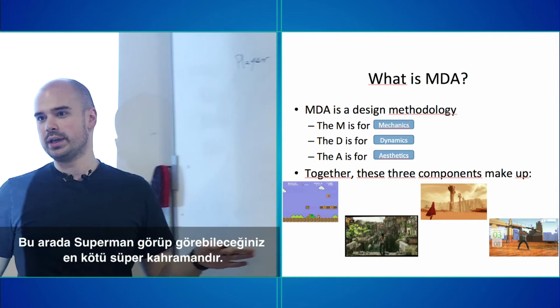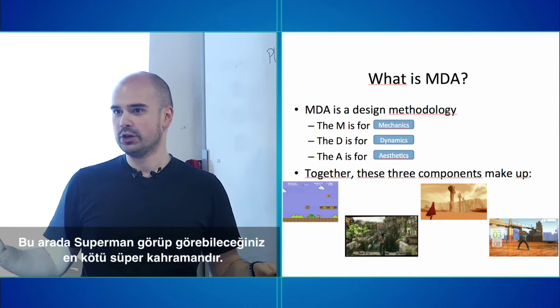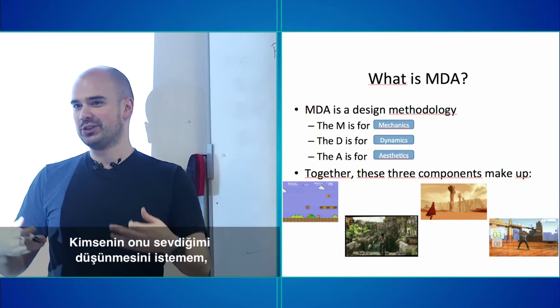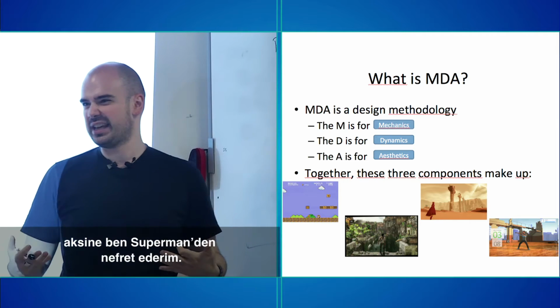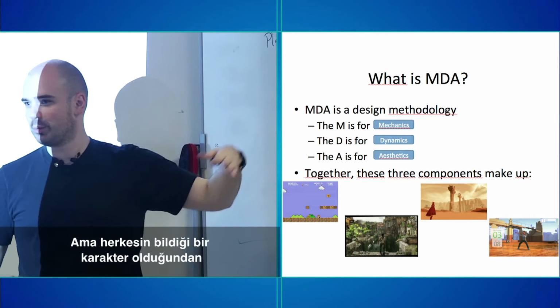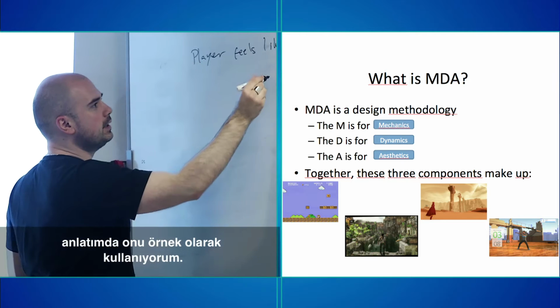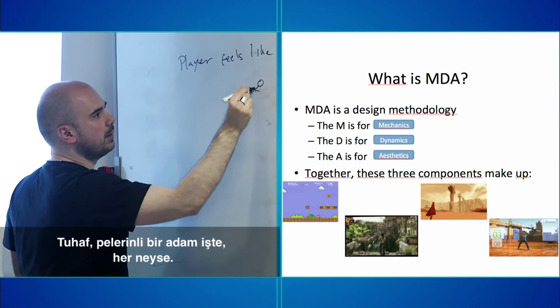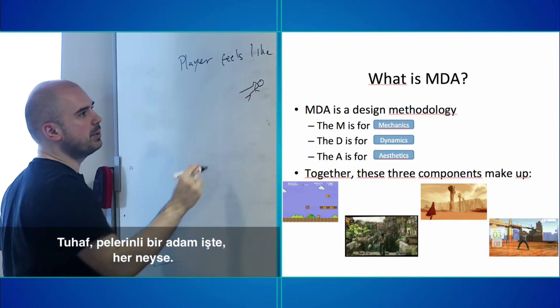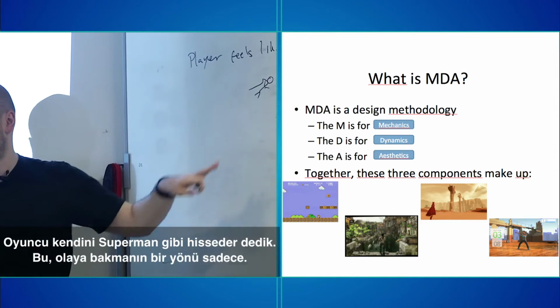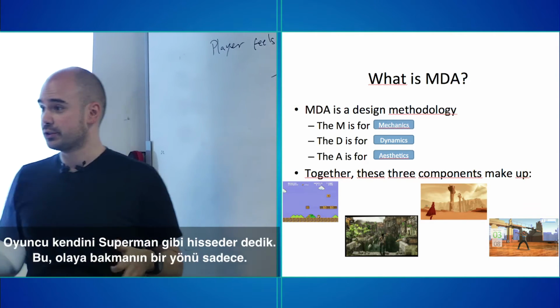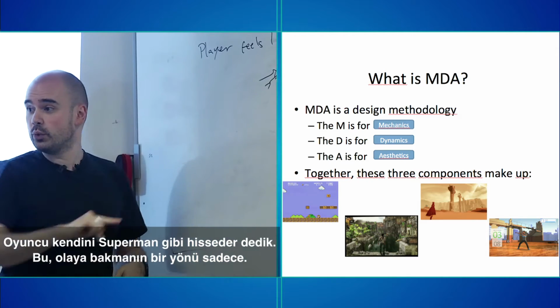And Superman, by the way, is the worst superhero ever. I just wanted no one to think that I actually like Superman. I actually hate Superman. But everyone knows Superman, so I'm using him as an example. So it's the guy with the hands and the stupid cape and whatever. That's Superman, right? So the player feels like he or she is Superman, correct? That's just one way of looking at it.